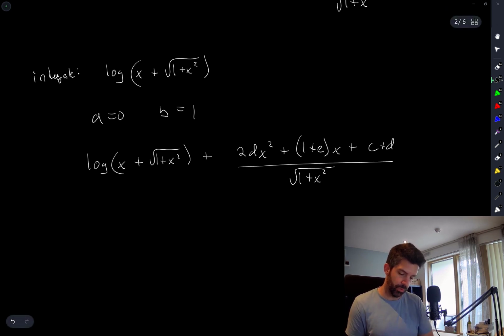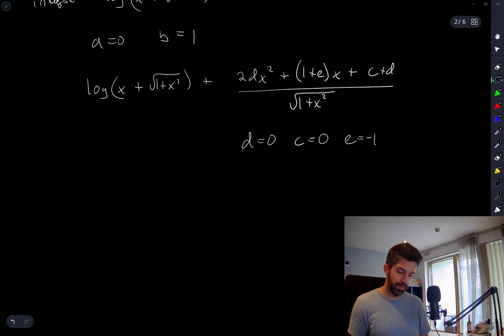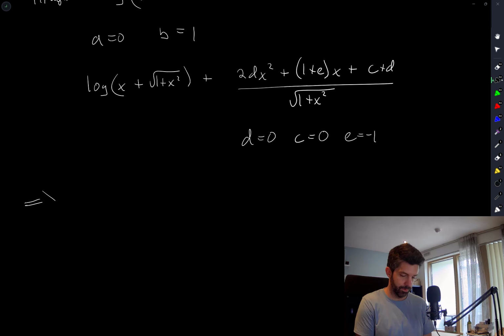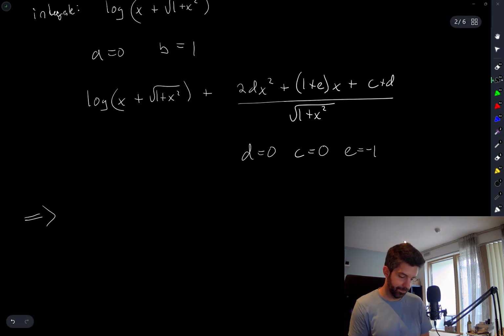Okay, so I want d to be equal to 0. That'll get rid of that term. e to be equal to -1. That'll get rid of that term. And d is already 0, so c is equal to 0. And e equals -1. So let's put this all together.